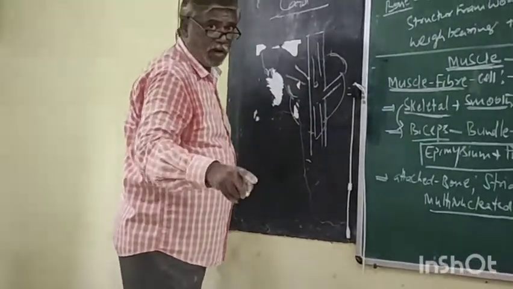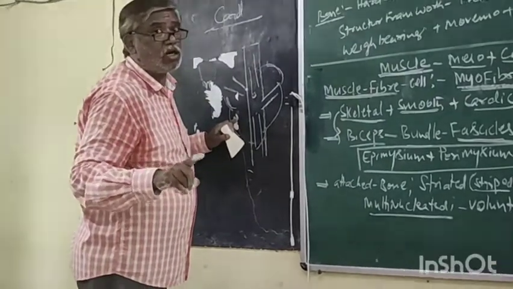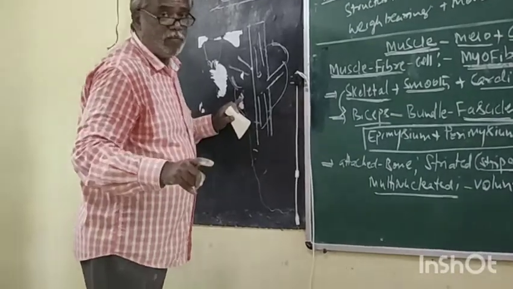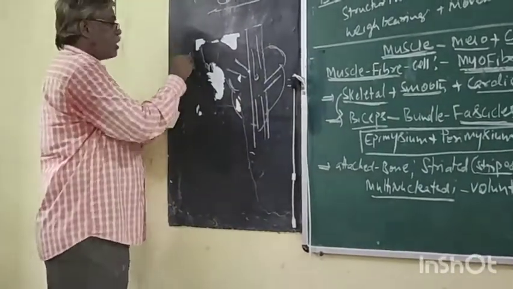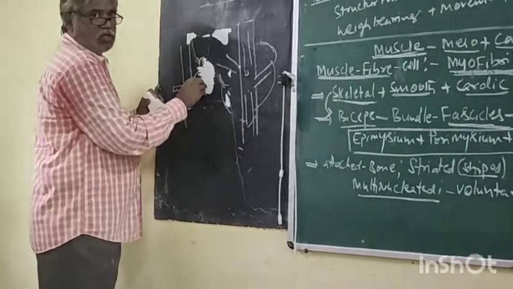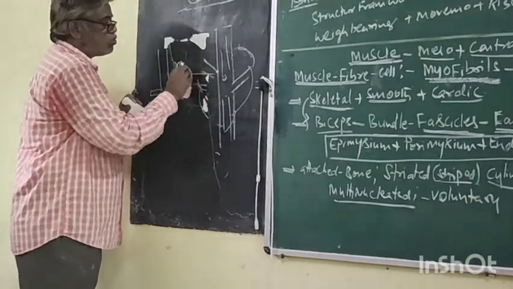But its regulation is involuntary. It is not under the control of our willpower. But one thing: the branch of one cardiac cell is attached with the neighboring cell.